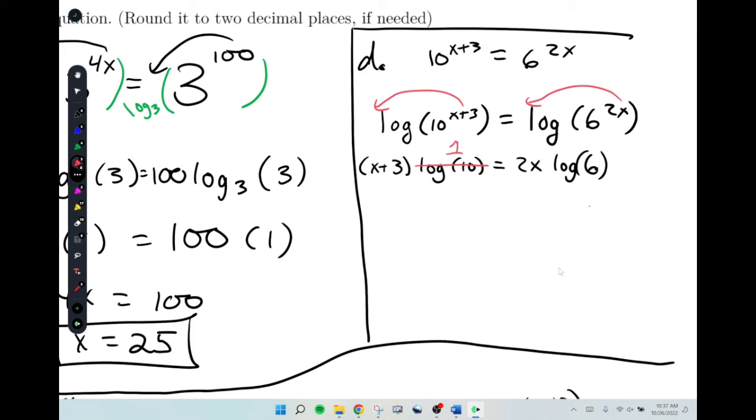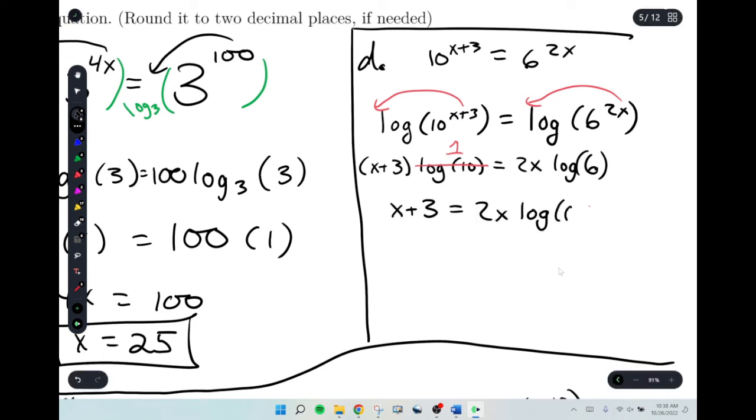Yeah, log 10 cancels. I turned it into a 1 and then didn't write it on the next line. So x plus 3 equals 2x log 6.